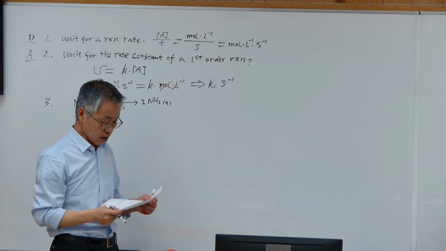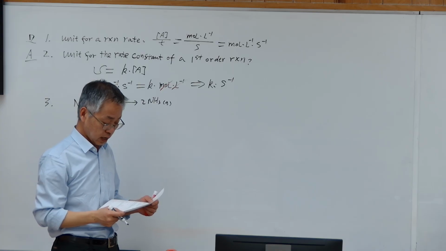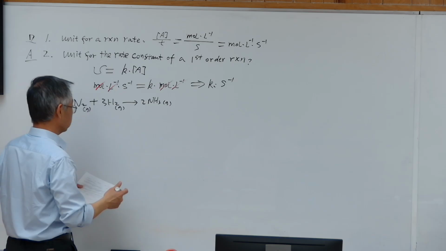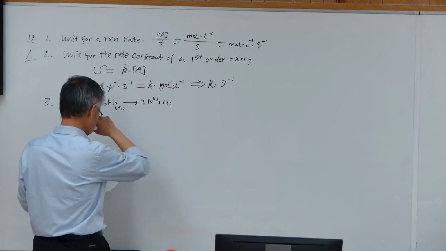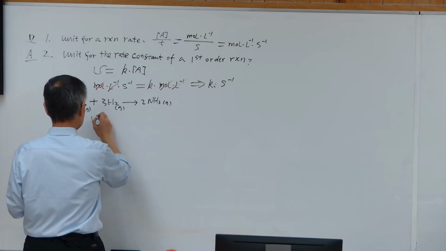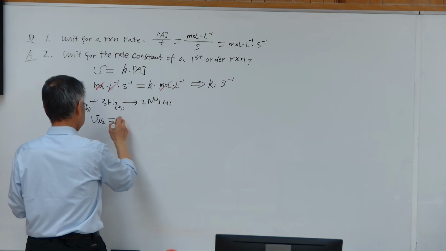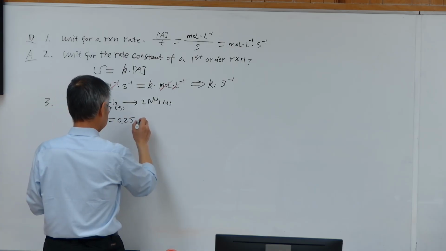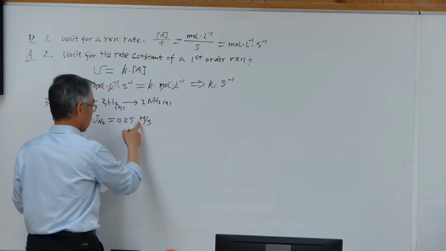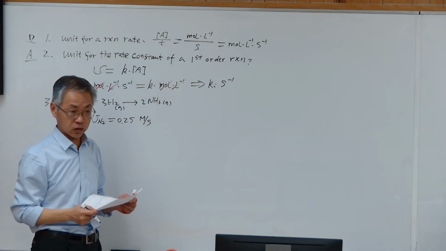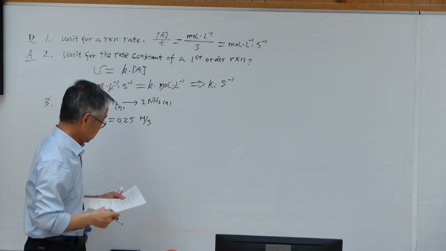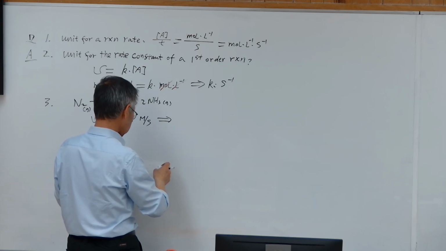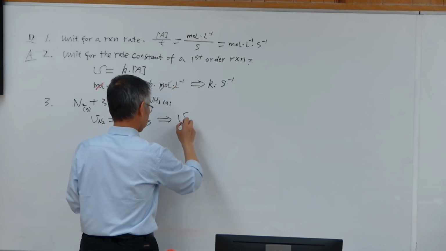It tells you the rate of nitrogen consumption or disappearance is 0.25 molarity, where capital M is the concentration, mole per liter per second. It asks, what is the rate of ammonia formation?